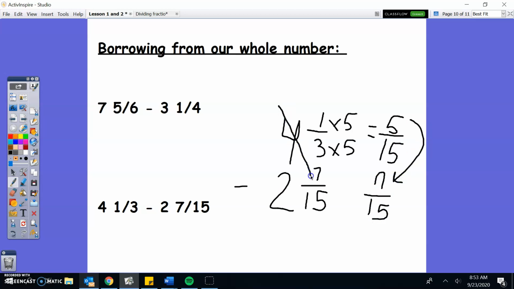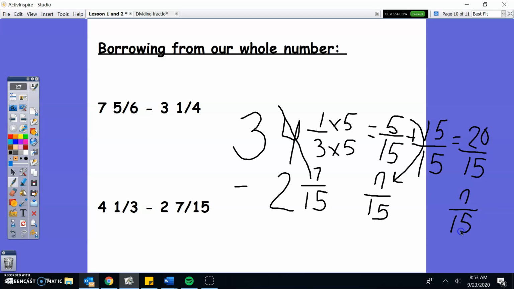So I have to borrow from my 3. And because I borrowed from here, I need to add the equivalent of one whole number that uses the denominator 15. So 15 plus 5 is 20/15 minus 7/15, which gets me 13/15. 3 minus 2 is 1, and 1 13/15 would be my final answer.